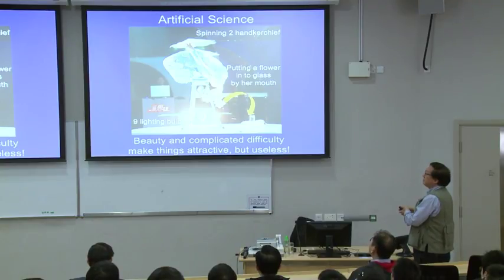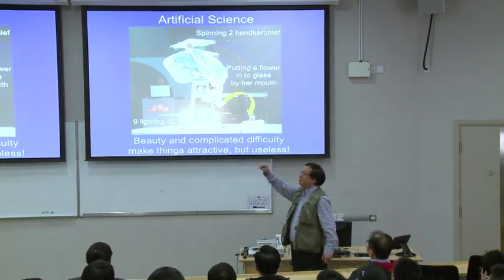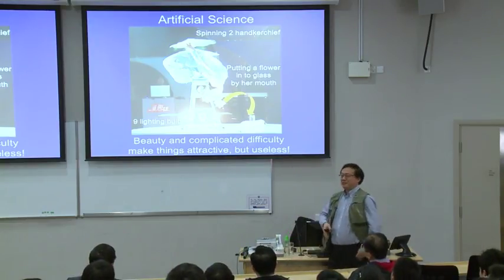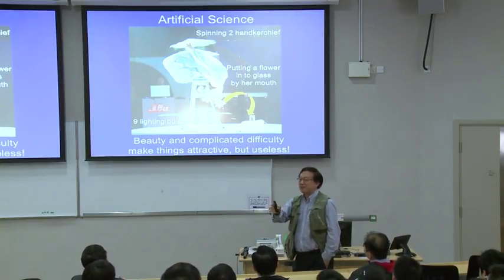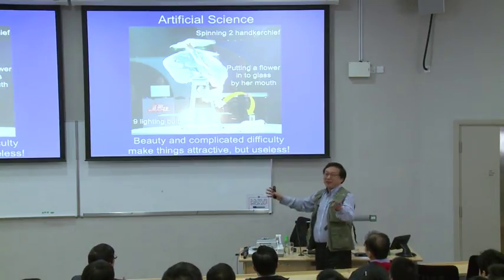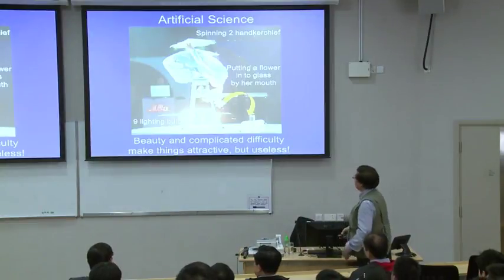And then this, beautiful, but too complicated. If you are a scientist, you just take the flower and put it in the glass. Then you'll find there are many papers published in Science and Nature that do it this way. Much more difficult. Make simple things complicated.